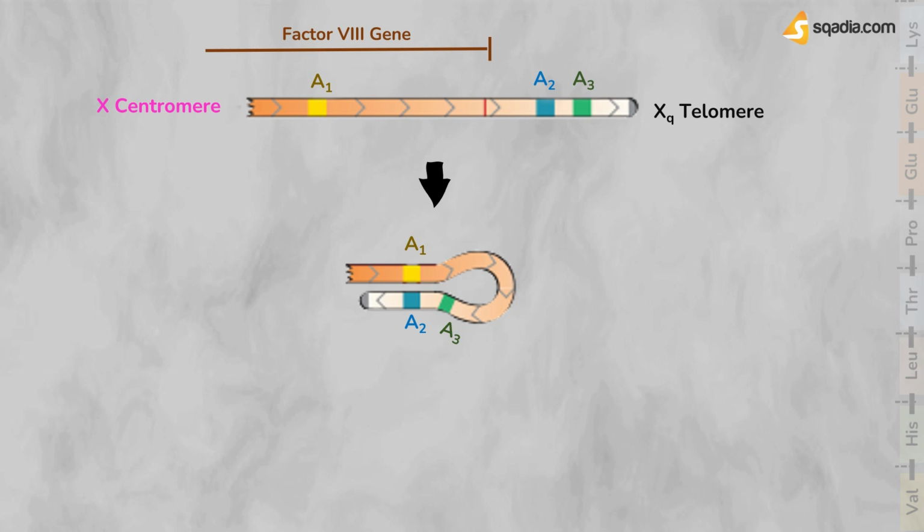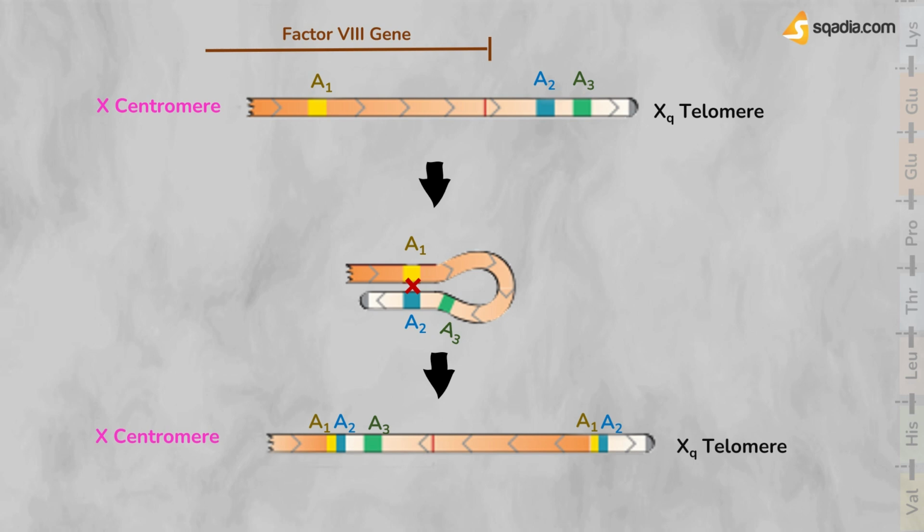As a consequence, internal recombination sometimes occurs, following looping back of the end of the X, breakage, and rejoining within the A genes. This causes inversion of the intervening segment of the F8 gene, leads to flip inversion, and production of the hemophilia A gene.